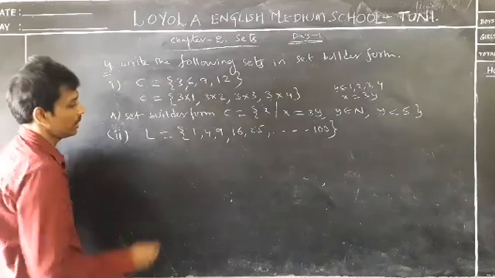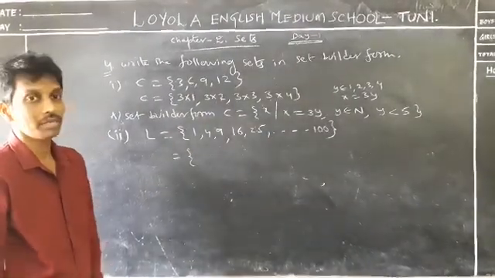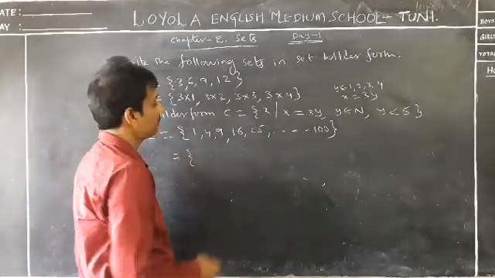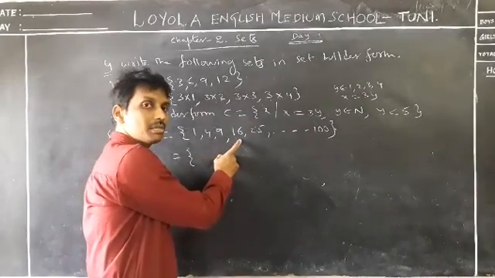And here you see, can we write something here? Except one, if you observe these elements, 4 is nothing but 2 square, 9 is nothing but 3 square, 16 is nothing but 4 square.